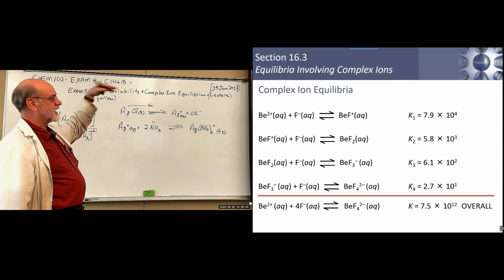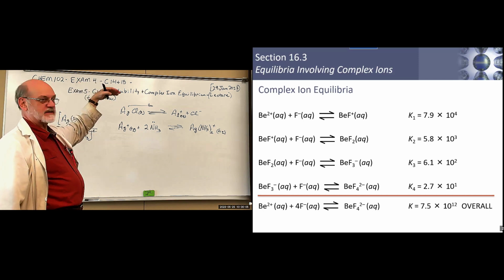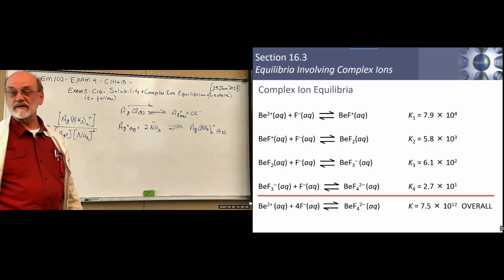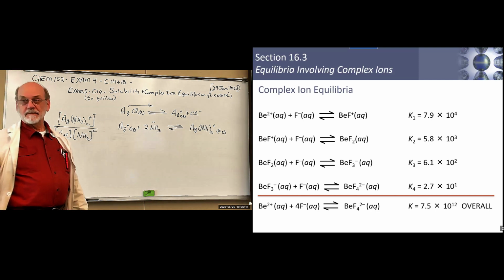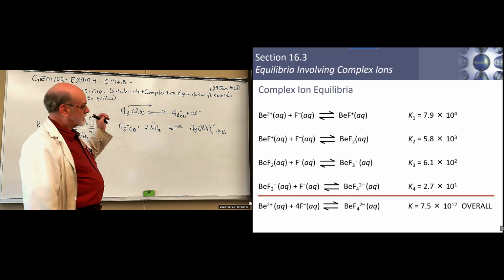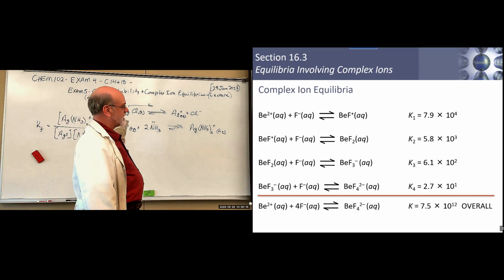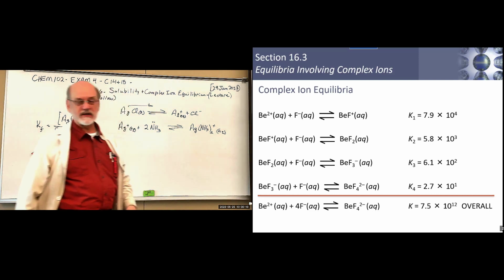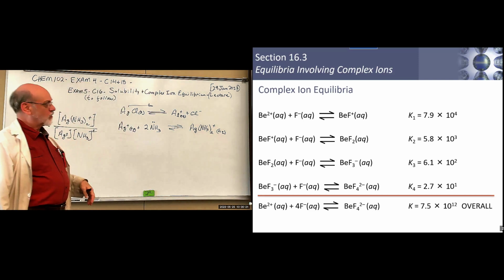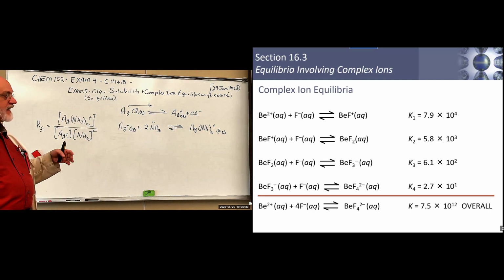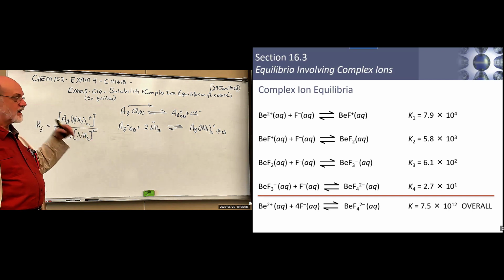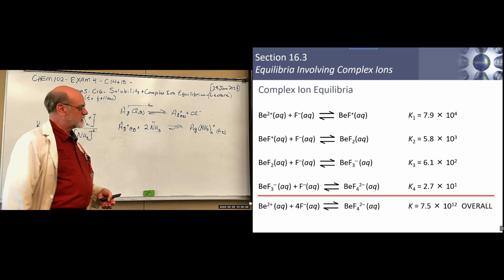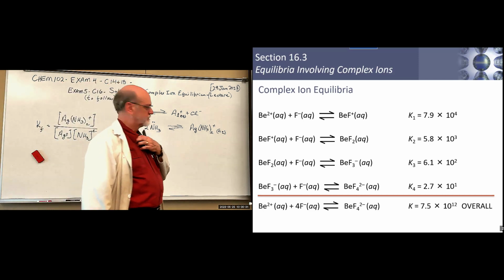The second one in the series is 5,800. And the first one is 79,000. So the first one is the highest K value shifting to the right, but they're all shifted to the right substantially. So overall, the K value for the overall formation of this complex ion is 10 to the 12th.